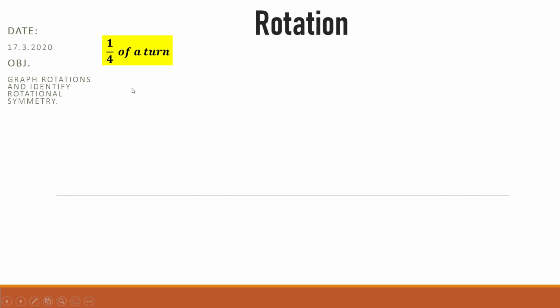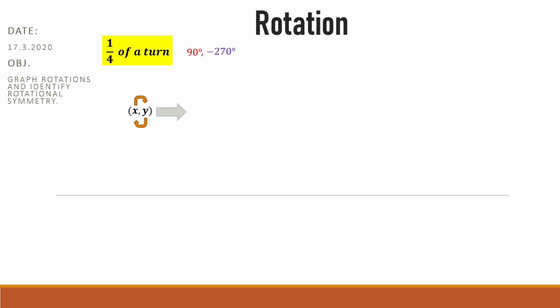Now, let's start with the coordinates. A quarter of a turn, that's 90 degrees or negative 270 degrees. What does a quarter of a turn do to a point x and y?